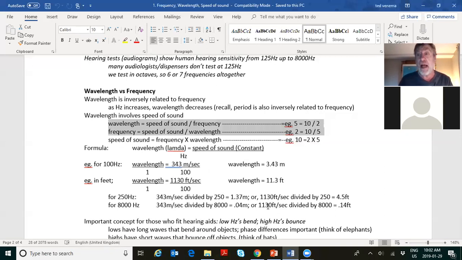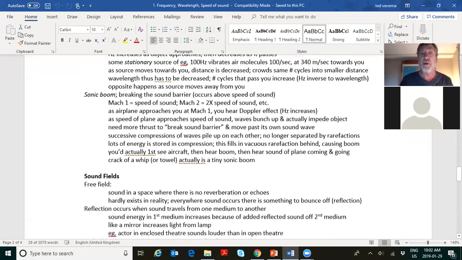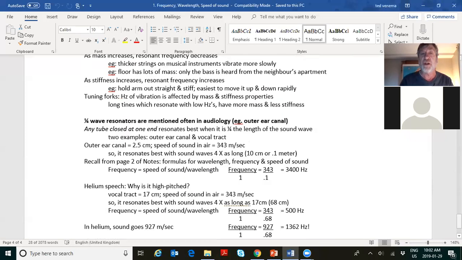So if you remember that, now let's look at the quarter wave resonator business so that we can answer a question regarding that. Recall from page 2 of the notes the formulas for wavelength, frequency, and speed of sound. Frequency equals speed of sound over wavelength. So we want to figure out what frequency the outer ear canal resonates with. That's our question. It's a quarter wave resonator, so we can figure it out. It's 2.5 centimeters long, so it's going to resonate with sound waves 10 centimeters long, and 10 centimeters is 0.1 meter.